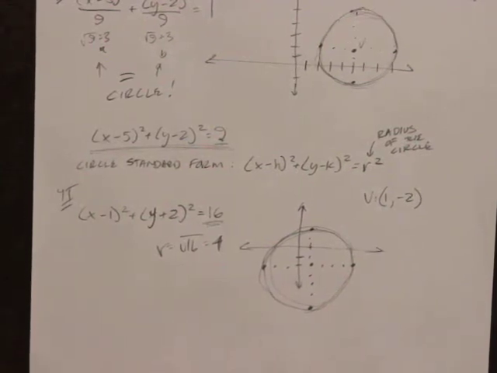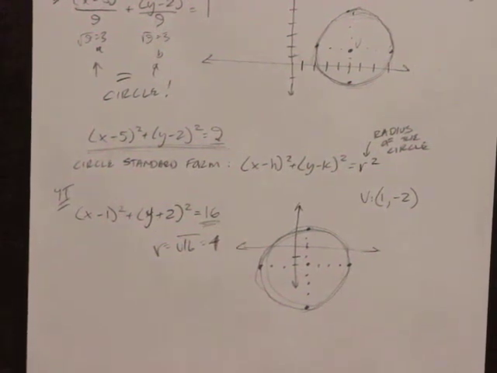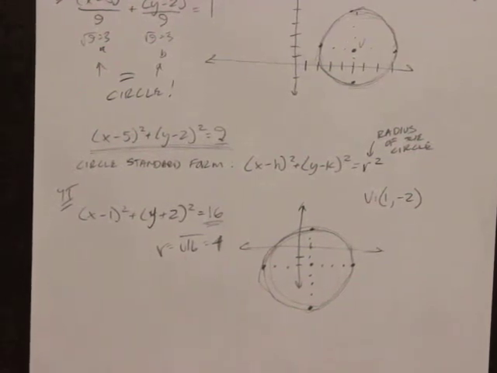So that's about all there is to it, except your homework is going to have you take some different information and write an equation for it. So we want to do a couple examples that look like that.